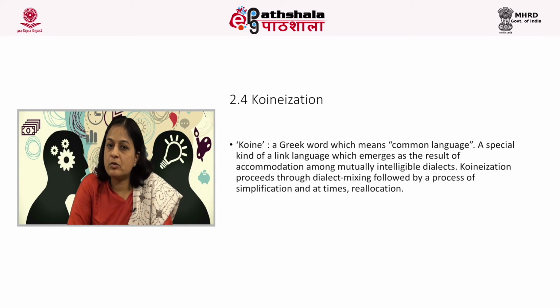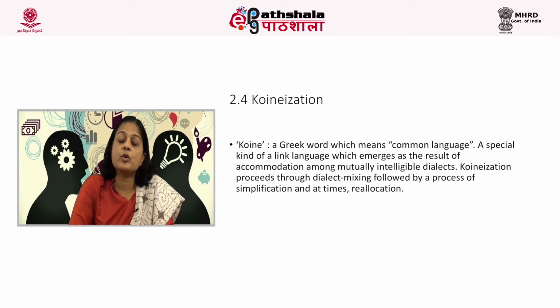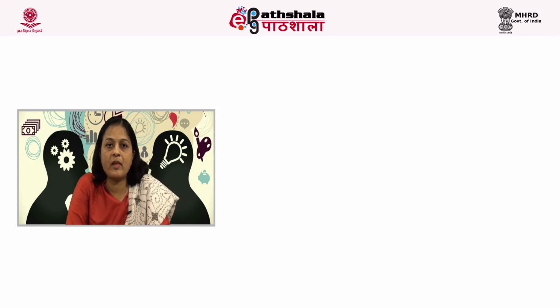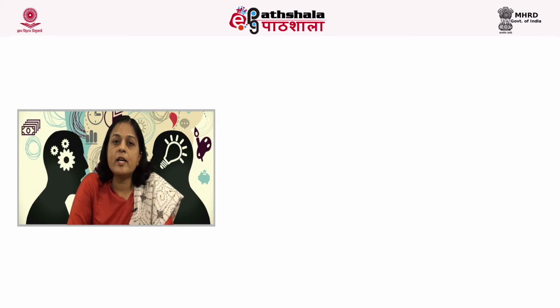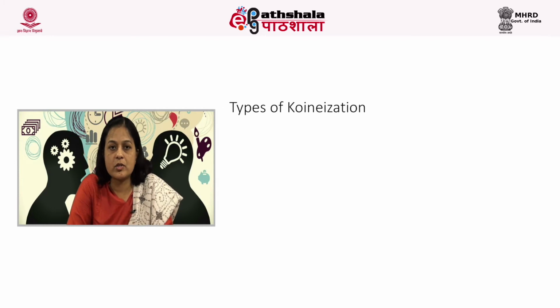Koineization proceeds through dialect mixing, followed by a process of simplification and at times a process of reallocation. The process is characterized by the gradual loss or erasure of linguistic differences which have traditionally distinguished dialects of a language. The term Koineization is used to refer to two types of contact situations.